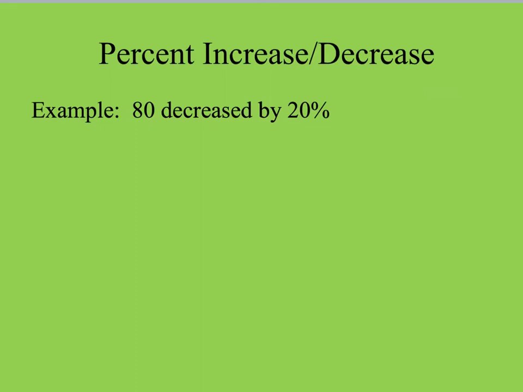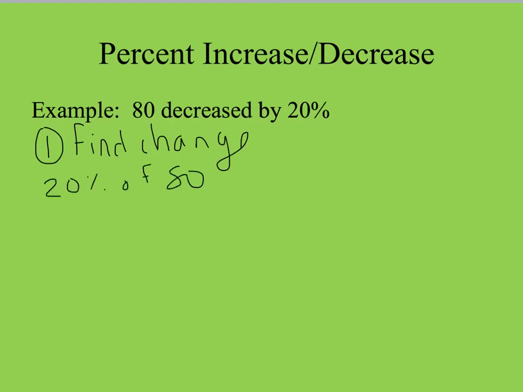So another example, 80 decreased by 20%. One, I'm going to find the change. And the way I find the change is to find 20% of 80, because that was the change. 0.20 times 80 gives me 16.